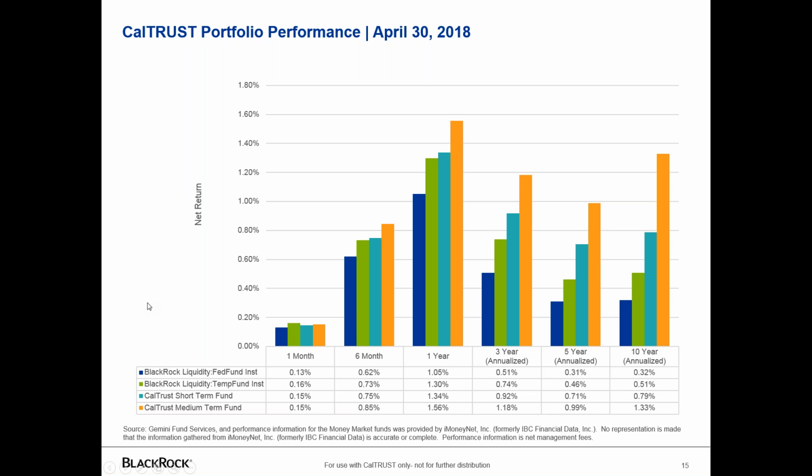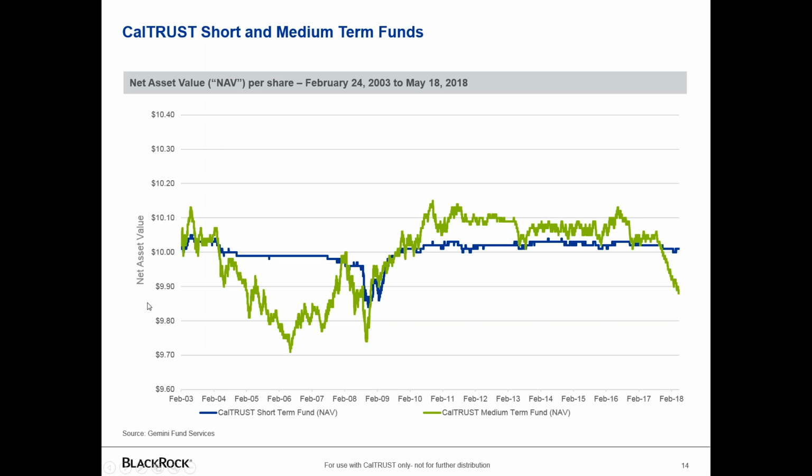From the medium-term and the short-term perspective, obviously the biggest concern that we continue to have is this rising rate environment that we're in, and making sure that people do understand the issues with regards to a slightly declining NAV over time. My biggest concern from an investment perspective is, we do believe that the Fed continues on its slow trajectory, with one hike per quarter, if that much, over the next couple of quarters.